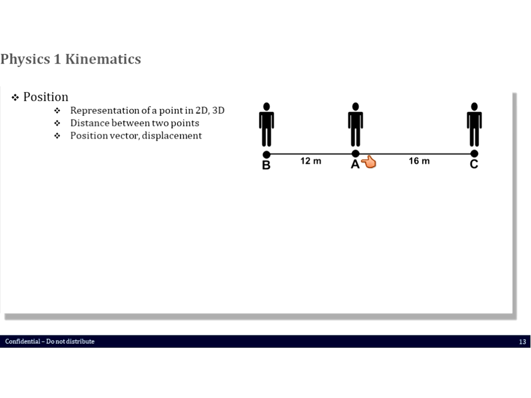The motion is strictly along a straight line, so this is a one-dimensional case. The person started from A, went to B, and then went to C. Now please tell me, what is the total distance in this case? What is the distance from A to B and then B to C?